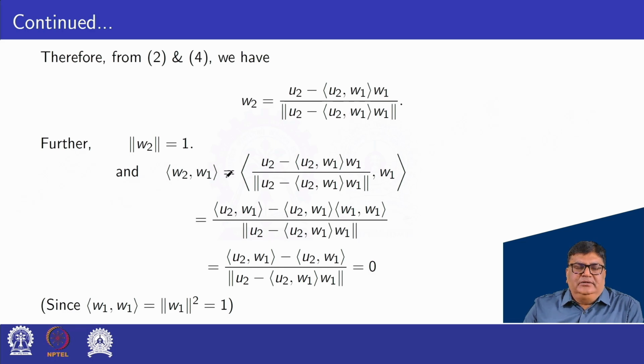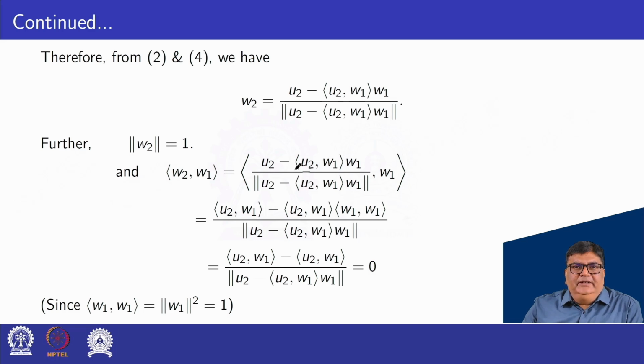Now check the orthogonality. Then inner product of w2 and w1, putting the value of w2 in this inner product, with w1.